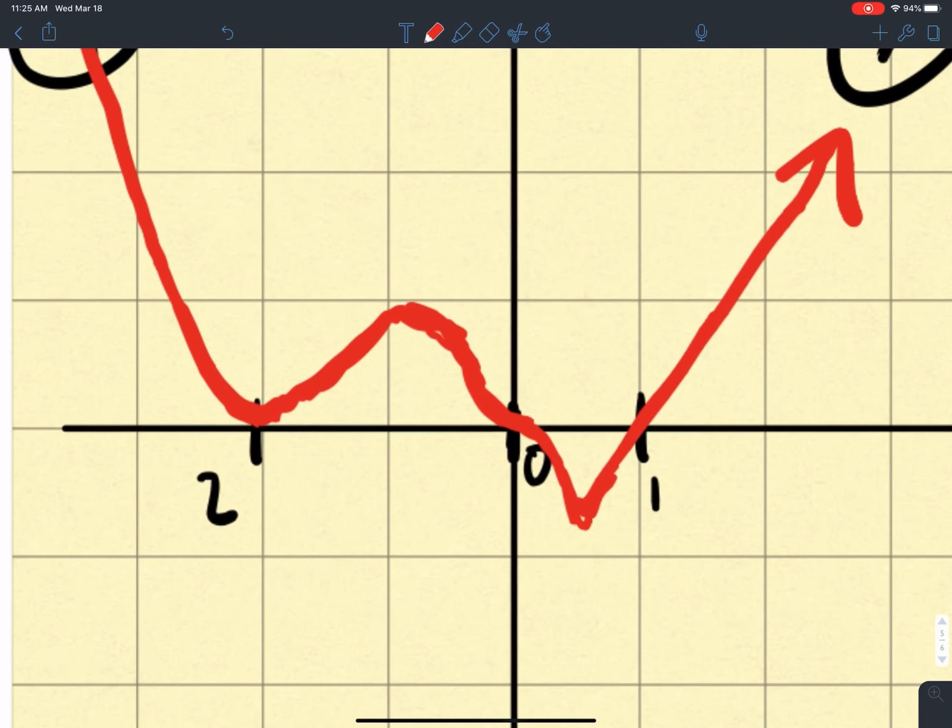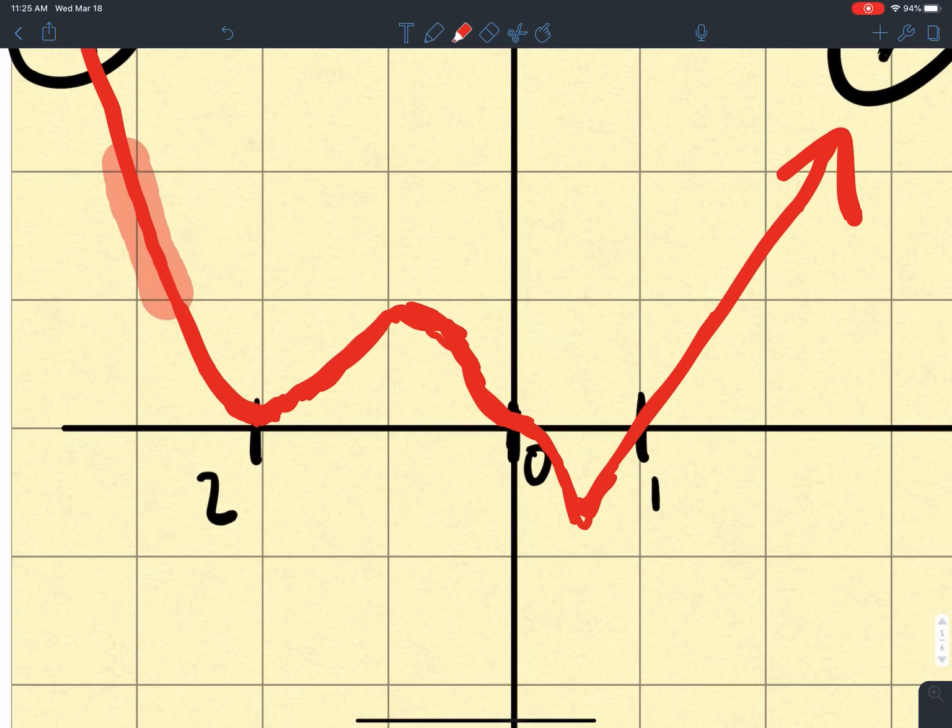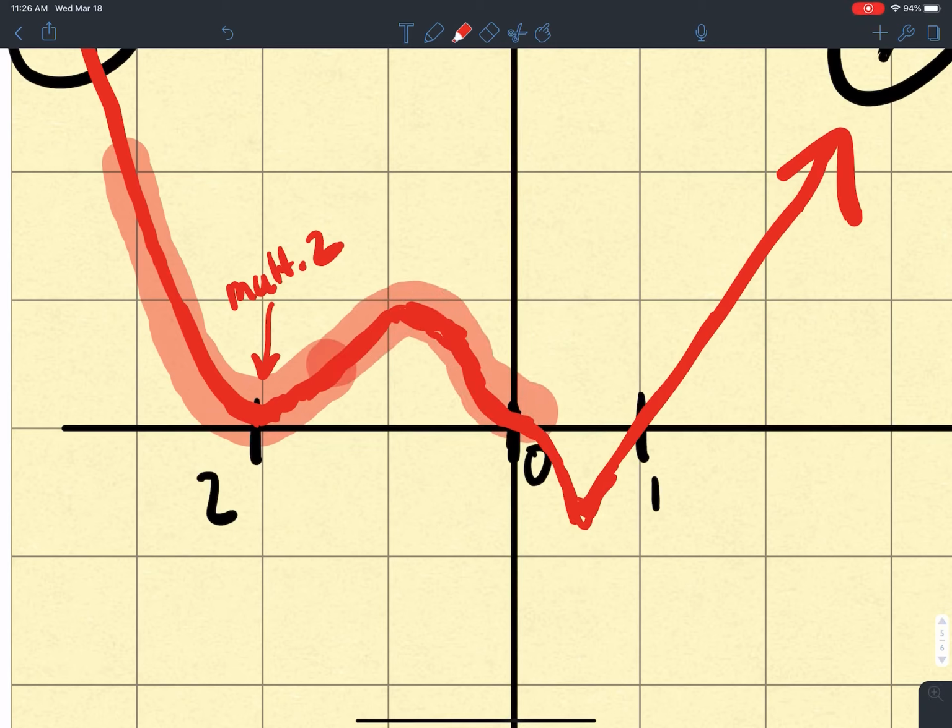So when I look at this, I see my curve coming into the 0, and then it flattens out. It bounces because the multiplicity is a 2. So it's going to bounce. And I'm coming up, I'm coming up, I'm coming up, and I'm going down. And then I get to my 0 here, and it flattens out and then goes down.